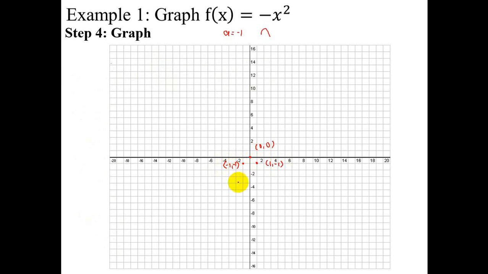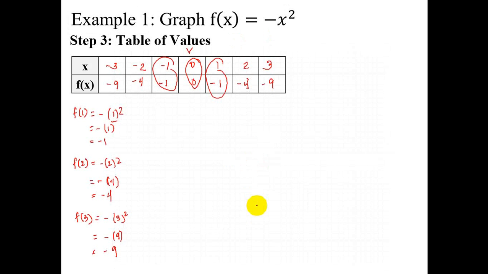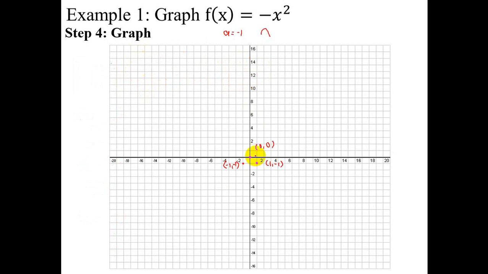You have to take note that you have to get first the value of x on the Cartesian plane, and then align it with the y, so that you can locate the exact point. Next, let's have (2, negative 4) and (negative 2, negative 4). Let's start with (2, negative 4). (2, negative 4) is this point.